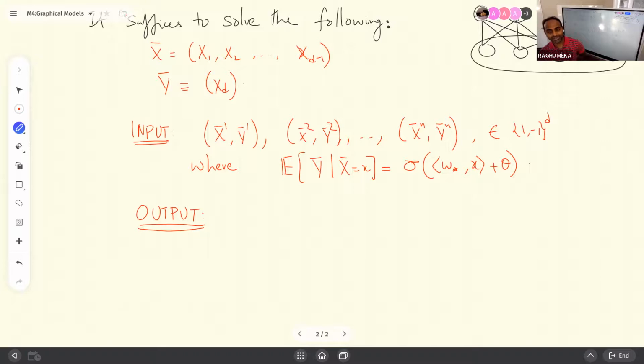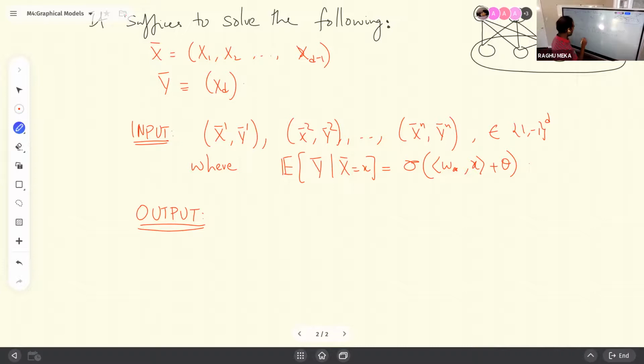And in regression, usually you don't ask for getting the unknown coefficient vector exactly. It is possible in some cases, and in those cases, you shoot for it. But otherwise, you just shoot for small prediction error. So I would like to find a W which approximates y bar, giving me a good guarantee in approximating y bar.